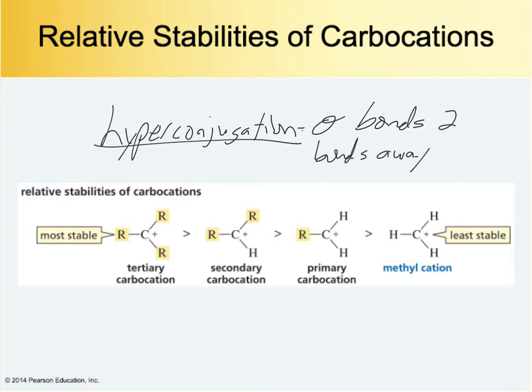Any sigma bond 2 bonds away will make it more stable. So if you notice a tertiary carbocation, it would have 9 hyperconjugation buddies, as I call them. Secondary would have 6, primary would have 3, and poor old methyl would have none. So that makes it less stable. Remember, plus charge and electron density in these bonds help stabilize it.